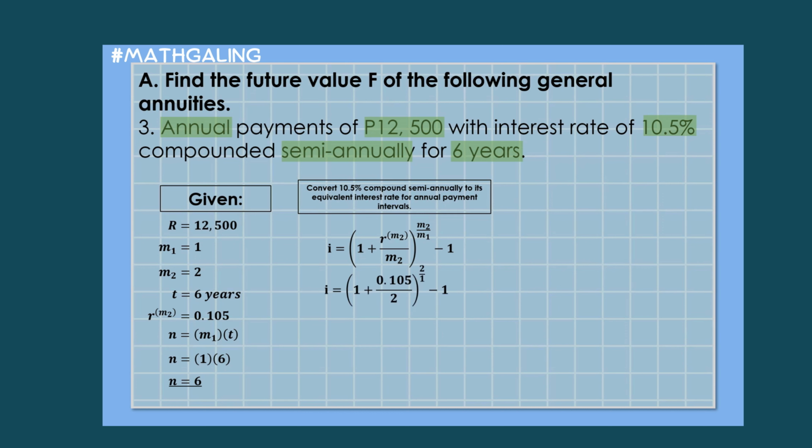So it is now 1 plus 0.105 over 2, raised to the power of 2 over 1, minus 1. So the answer is 0.1077565. After getting our interval, let's now find the future value. So here's the formula for the future value.